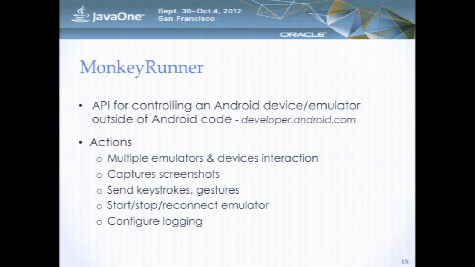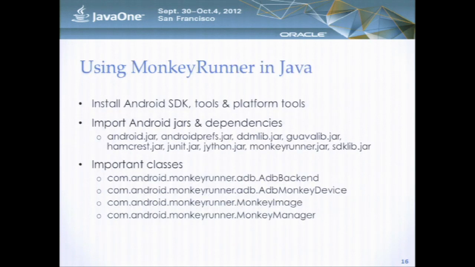However, how do we use MonkeyRunner in Java? There's very little documentation around that. So the next few slides will help you integrate that into Java more easily. A couple of things you need to set up: of course, download the Android SDK tool. The SDK has a set of platform tools as well as a tools directory. You need both of them. And then these are the list of jars and classes that would be of interest to you if you want to integrate that in your Java environment.